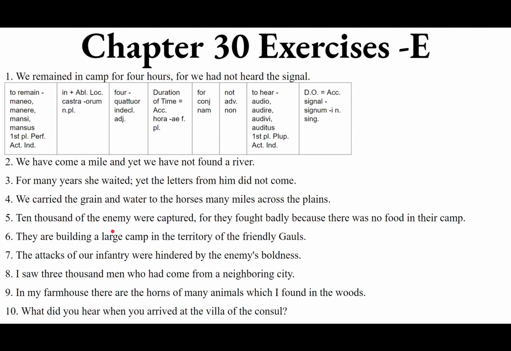Now you can use de or ex plus the ablative for the separation idea because this is a numeral. You could use the partitive genitive, but it doesn't seem to be as popular. I'm going to go ahead and use ex plus the ablative of hostis, masculine, enemy. The enemy is plural. If it's an enemy, that's singular, hostis. But if it's the enemy, definite article, that is plural, hostes.